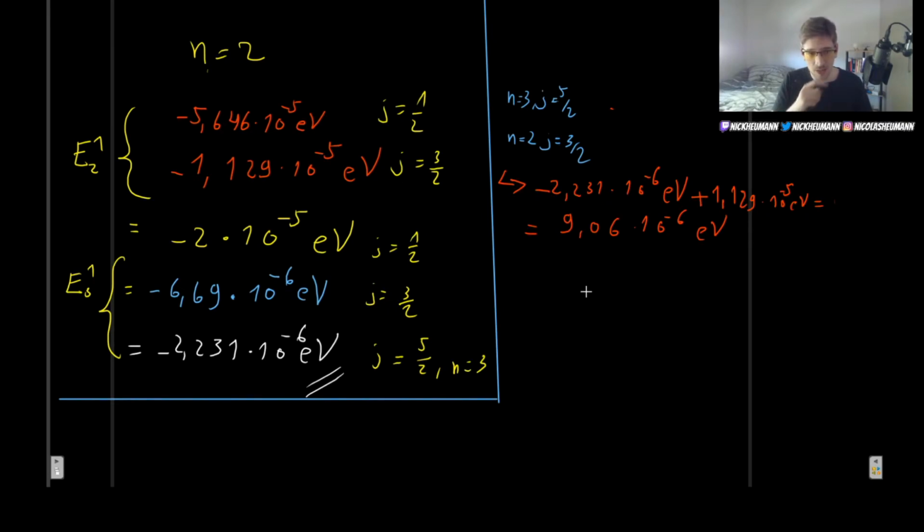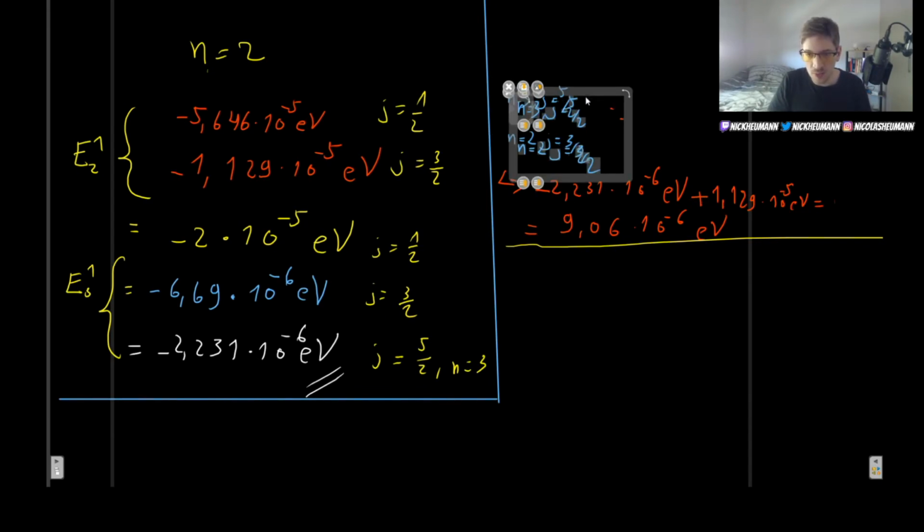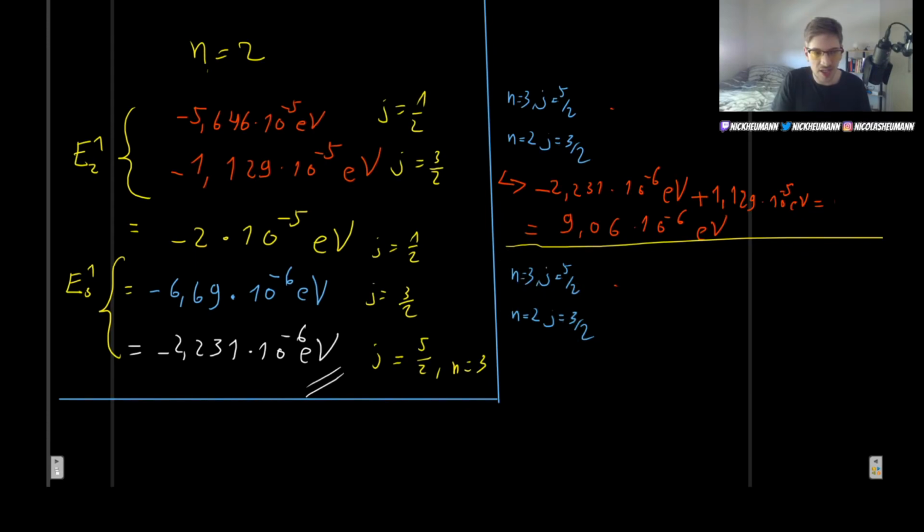All right, so let's now go to the next case. I'm thinking, how can I do this in the best possible way? Maybe I'm just going to go for a new line here. All right, so now let's go for n equals 3 and j equals 5/2 to n equals 2 and j equals 1/2.